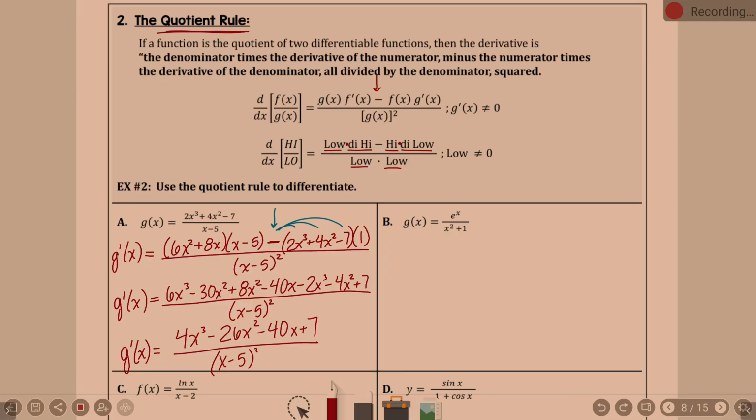Did you keep going? 4x cubed minus 26x squared. Then you just had singletons, minus 40x and plus 7 over x minus 5 squared. Now, if you see a reason to square out the denominator, of course, square out the denominator, but I don't feel like there's usually a reason.